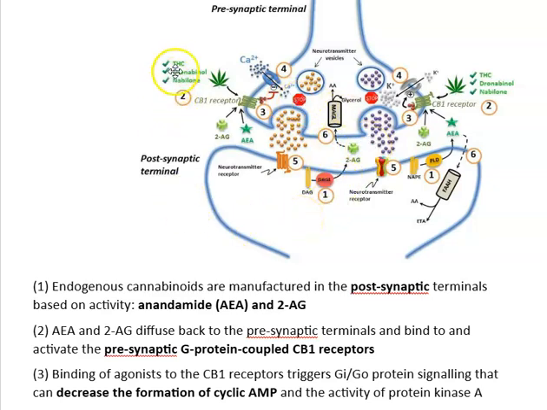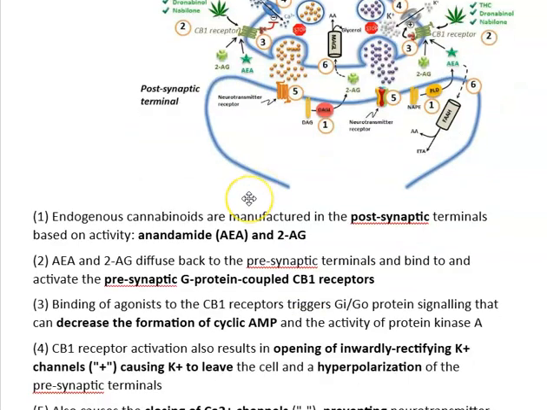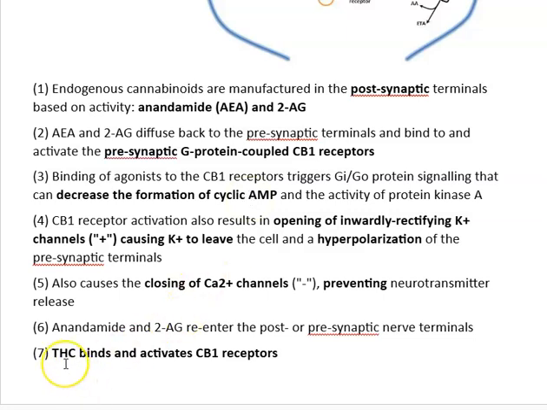And if you see what THC does, it just binds and activates those same receptors. So it's doing the same thing as those endogenous cannabinoids, but now there's greater activity of those CB1 receptors because you've added something extra. So all THC does is bind and activate those CB1 receptors.